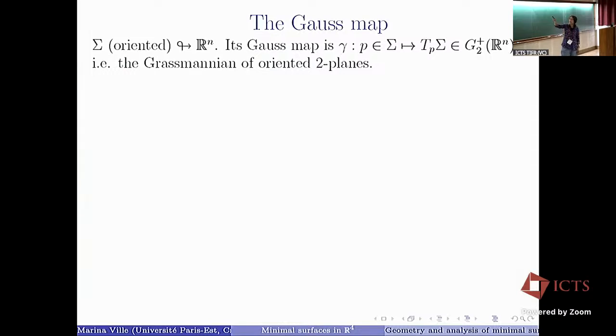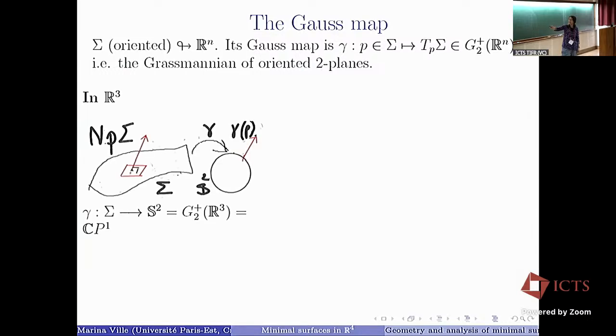When you have a minimal surface in any Euclidean space, you have a Gauss map. That is, you take a point and you map it to its tangent plane, and the tangent plane lives in the Grassmannian of oriented two-planes. For R3, we all know what it is. It's particularly simple: an oriented two-plane in R3 is given by its unit normal vector.